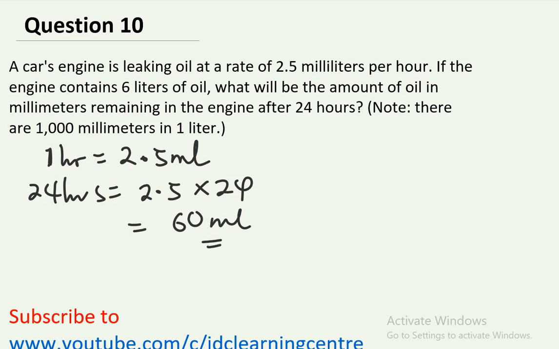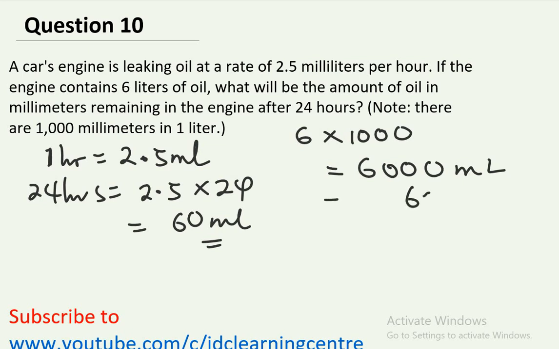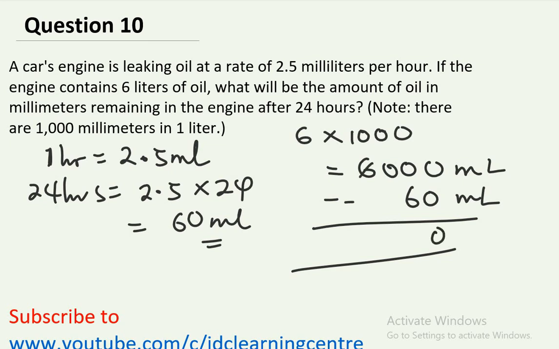Okay, so next, 6 liters is the same thing as, change it to milliliters, multiplied by 1000, that's 6000 milliliters. So minus 60 milliliters that is out, you get what will be left. This is 0, borrow 1, this is 5, 10, borrow 1, 9, 1, this is 4, 9, 5. 5,940 milliliters will be left.